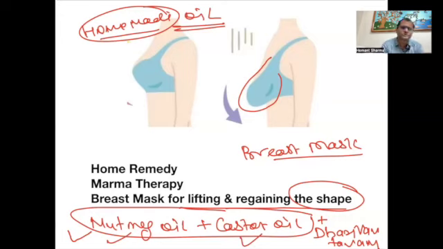So suppose the breast is hanging down because of aging, because of menopause. So we can lift the breast again. 那如果你的胸部下垂，因为哺乳的关系，年龄衰老的关系，你就可以使用这个油去按摩。But only by applying the oil, this cannot be done.